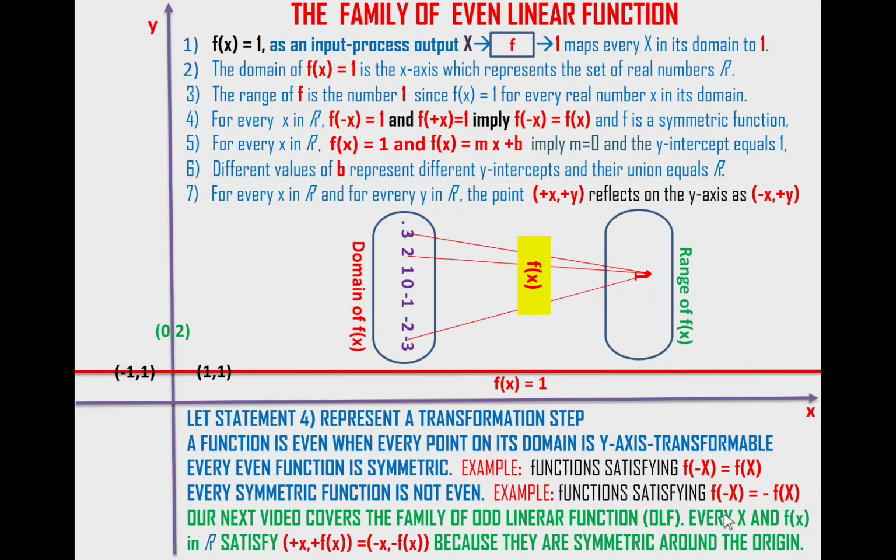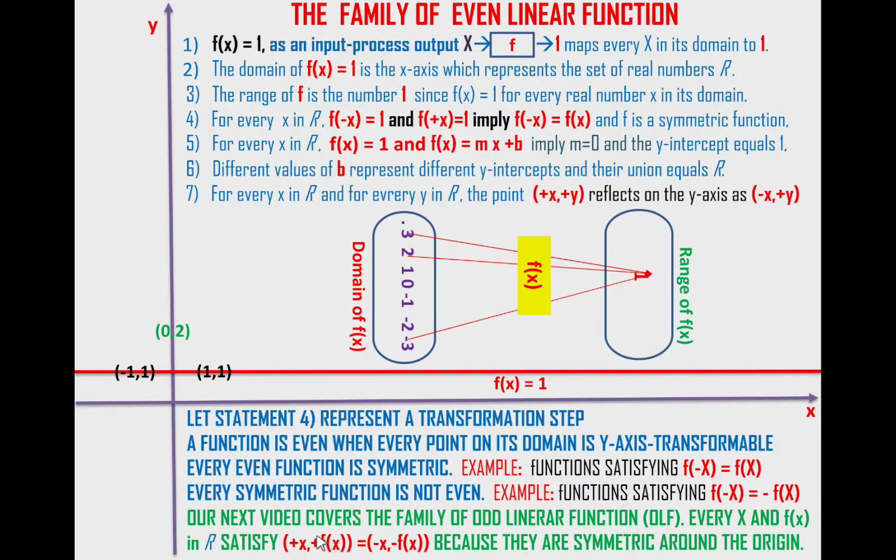For that family, every x and f of x, where f of x is equal to y, in their respective domains satisfy the following: plus x, comma, plus f of x equals minus x, comma, minus f of x.